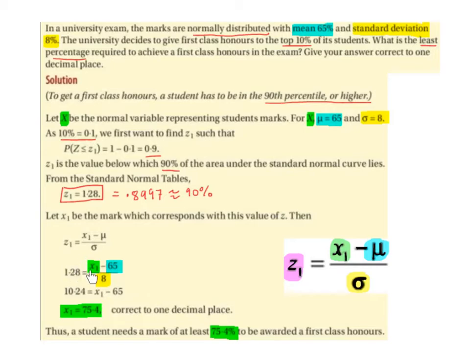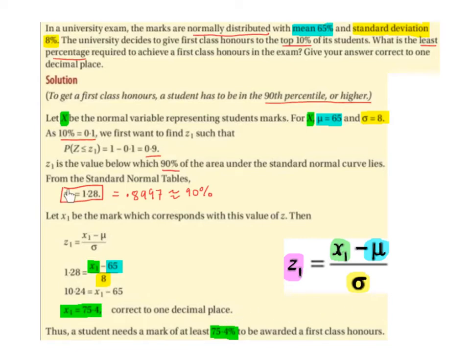So 1.28 multiplied by 8 is 10.24. This is equal to x1 minus 65. And 10.24 plus 65 is 75.4. So x1 is equal to 75.4, correct to one decimal place. Thus, a student needs a mark of 75.4% to achieve a first-class honour.